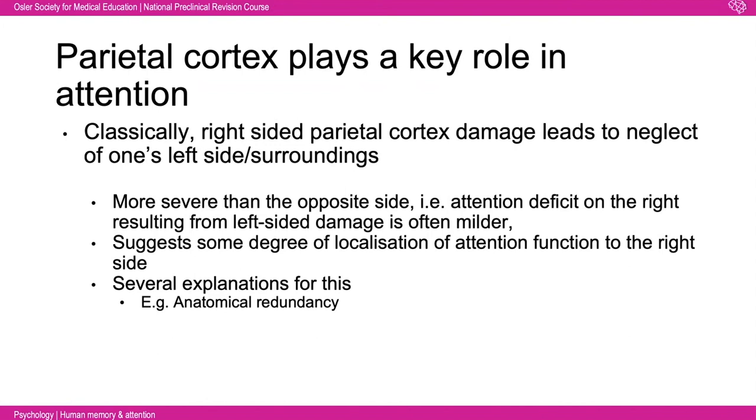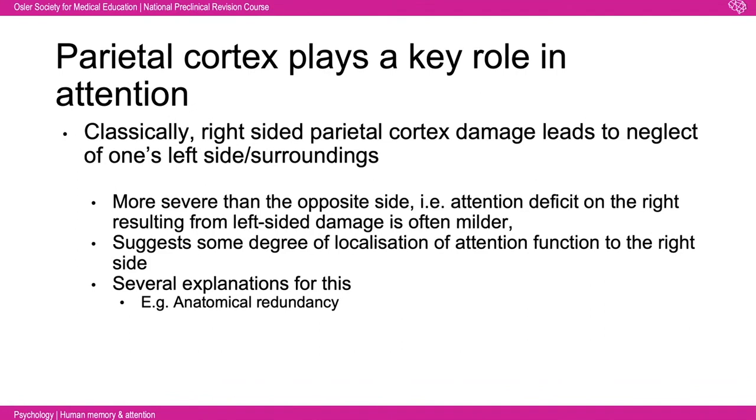And so we'd expect, as with things like a stroke that causes sensory loss or motor weakness, the same essentially on the opposite side, because the cerebral cortex is symmetrical. But interestingly, it really seems to be the right-sided parietal cortex that's vulnerable to damage causing left-sided neglect, because similar lesions on the left side of the cortex result in quite a lot milder deficits on the right.